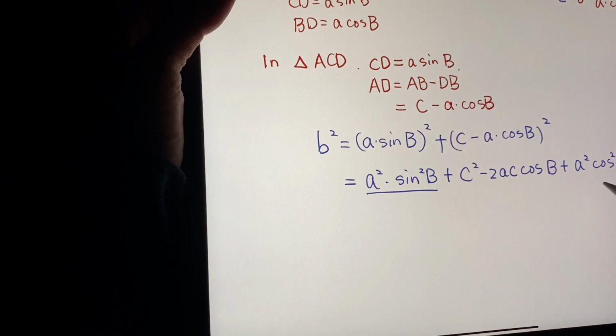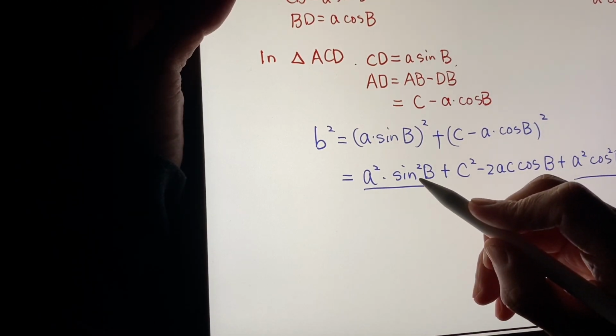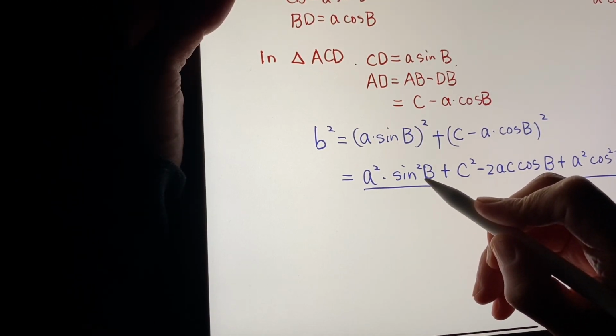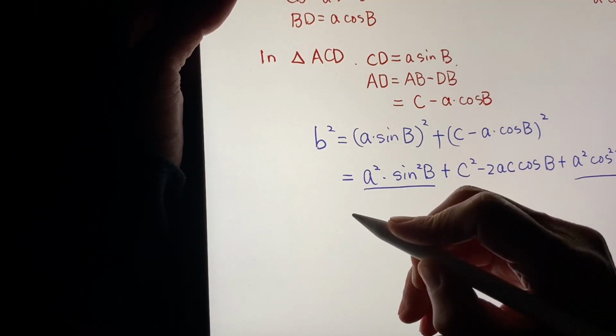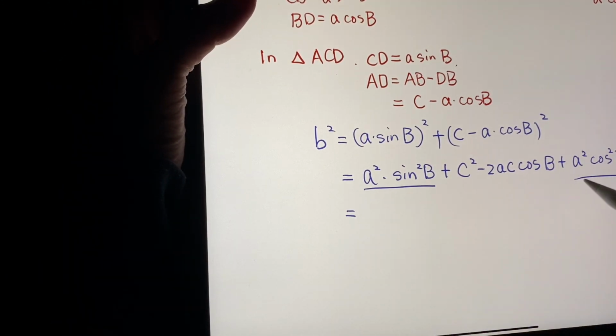What do we see here? Sine squared B plus cosine squared B makes 1. So it becomes a squared.